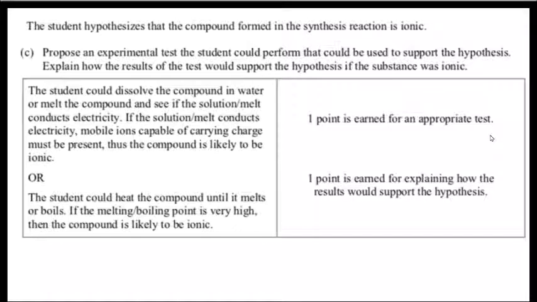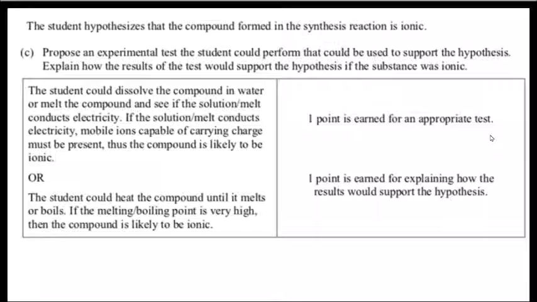So make sure that when you answer these questions, you're answering both parts. You can't just say melt it, or just say dissolve it in water and see if it conducts electricity. You have to go a little bit farther and say if it does conduct electricity, then it's ionic. Or if it's got a high melting point, it's ionic.